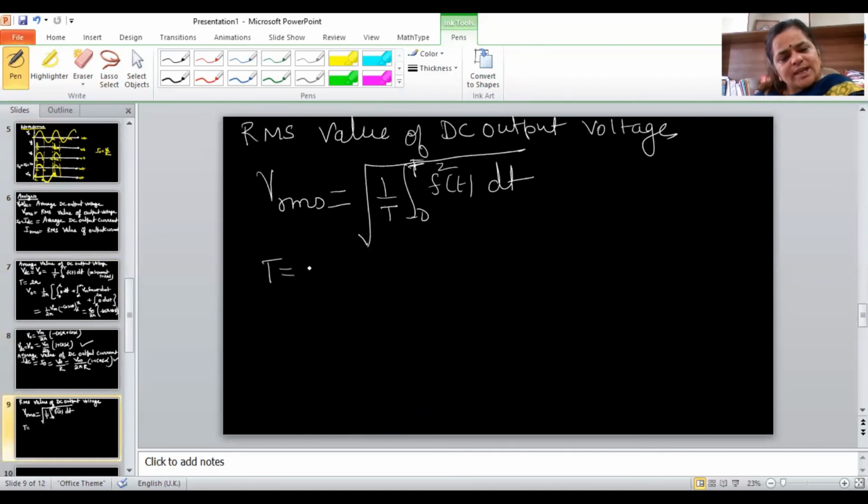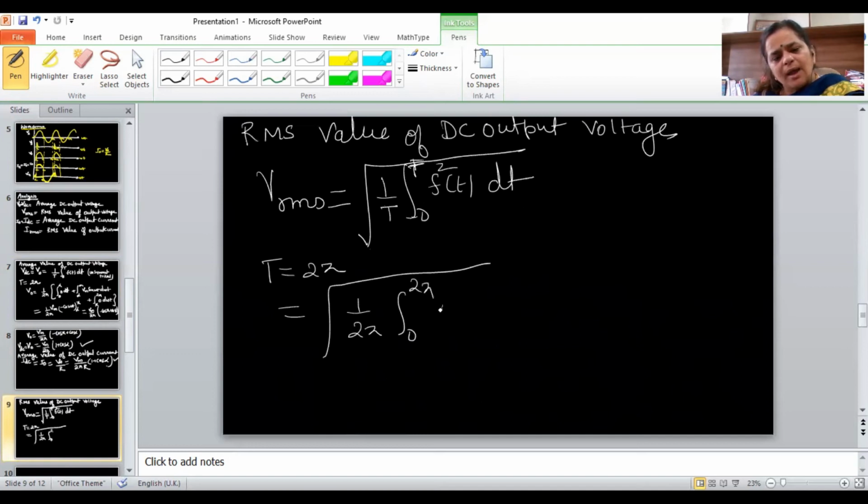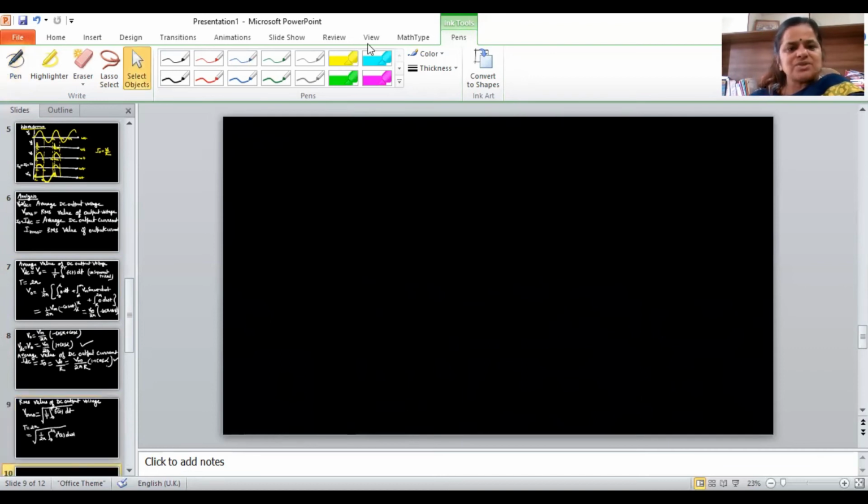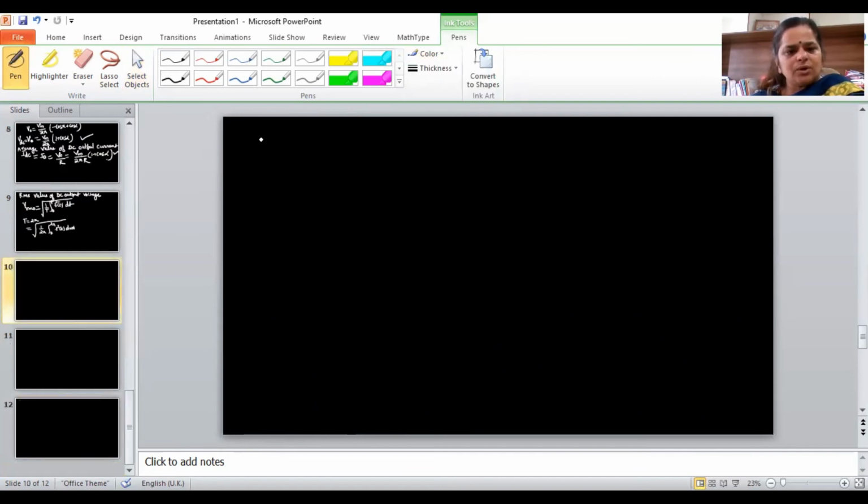We know that T is equal to 2 pi. So let us put the value. So 1 upon 2 pi integration 0 to 2 pi f square T d omega T. Now put the value. What am I going to get? Function is not constant throughout the time. So what will I do? Under root 1 upon 2 pi.